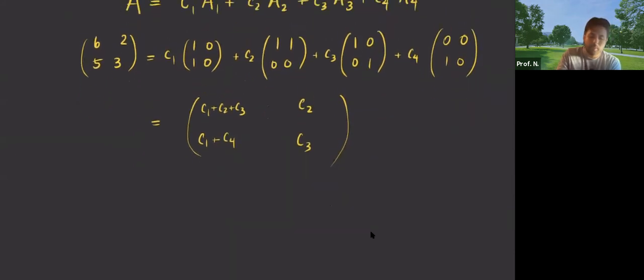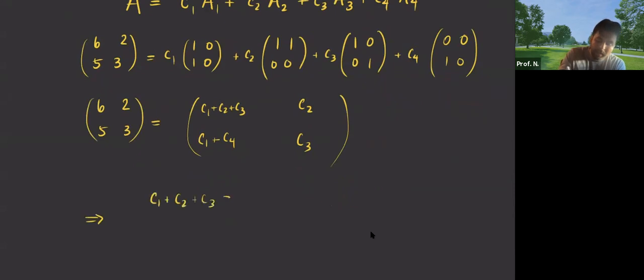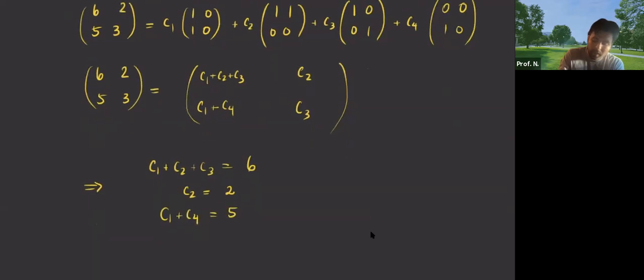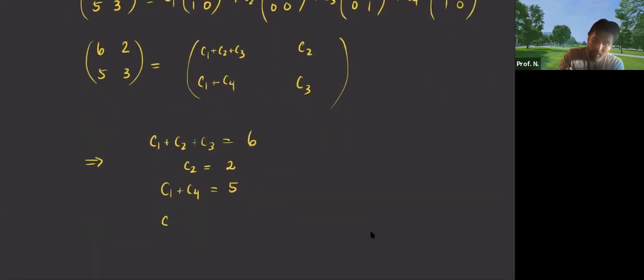That's pretty nice. So this becomes 6, 5, 3, 2. So then I have 4 equations now. C1 plus C2 plus C3 equals 6. C2 is equal to 2. C1 plus C4 is equal to 5. And C3 is equal to 3.